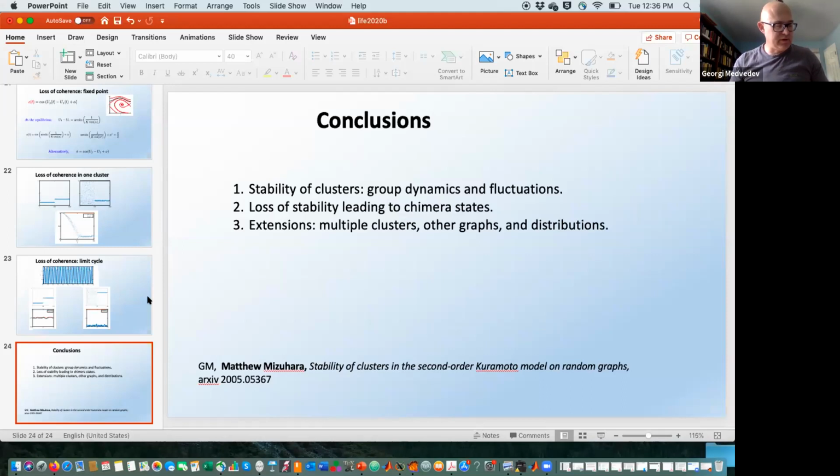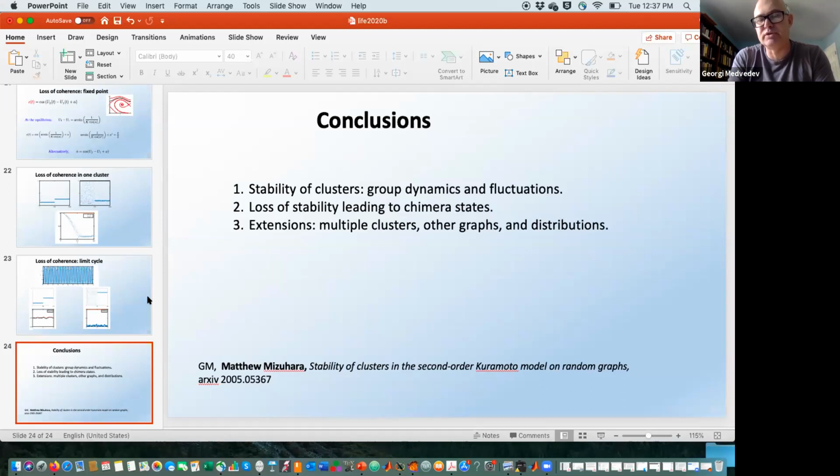But I don't have a good intuition for this, though I know there was an old paper by Bard Ermentrout which used this generalization of the Kuramoto model to describe some dynamics in, I believe, some insect populations.